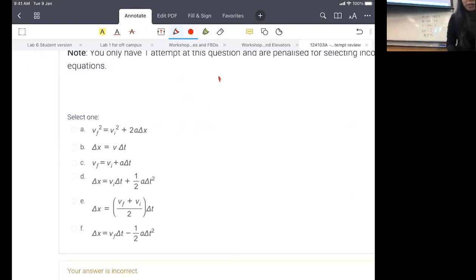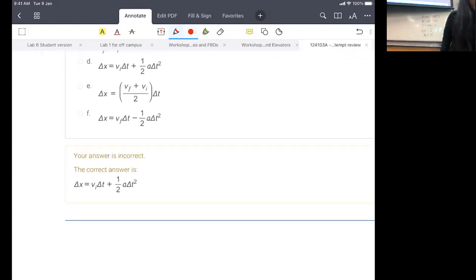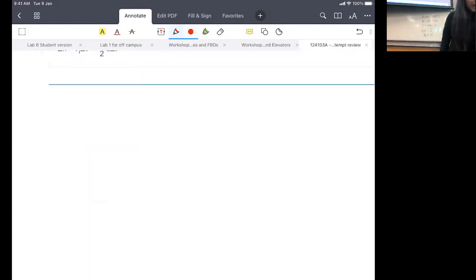So the first equation has VF, so does equation B. Equation C also has VF. So only equation D doesn't have VF, so that's the only equation you can use to find delta X. In the end, it makes sense. So that's the important bit.